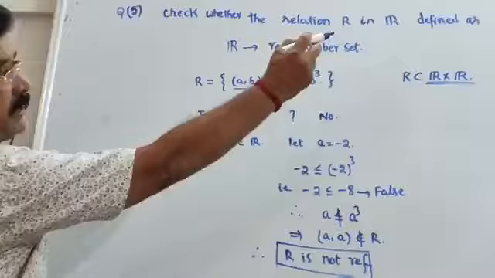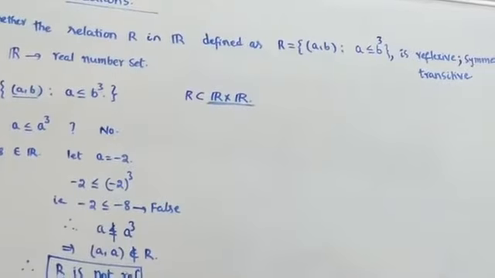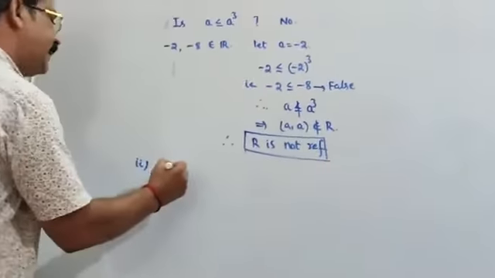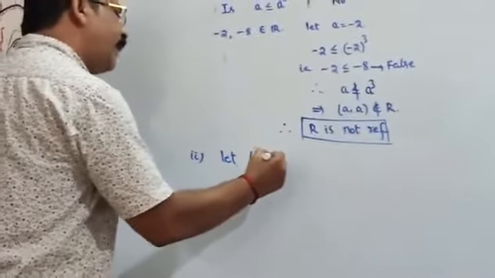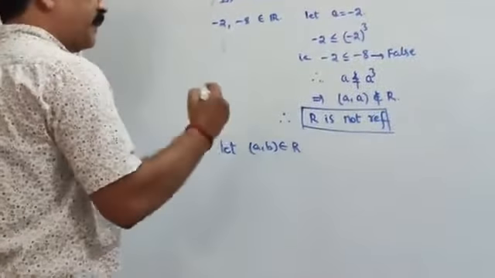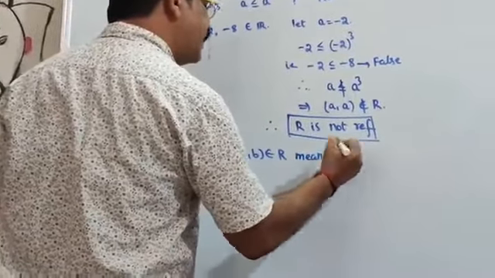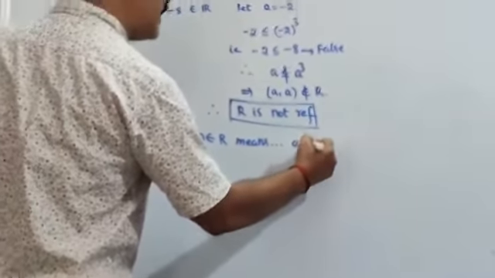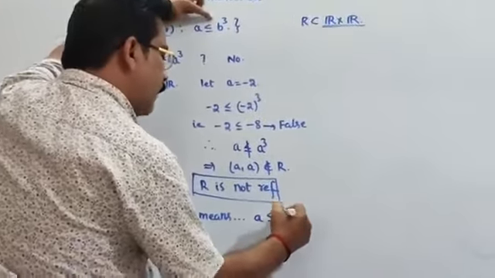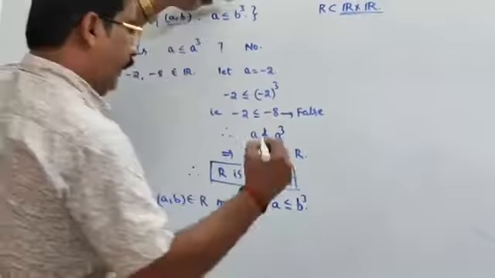Next, test for symmetry, number 2. Let the ordered pair (A, B) belong to capital R, which means A is less than or equal to B cubed.